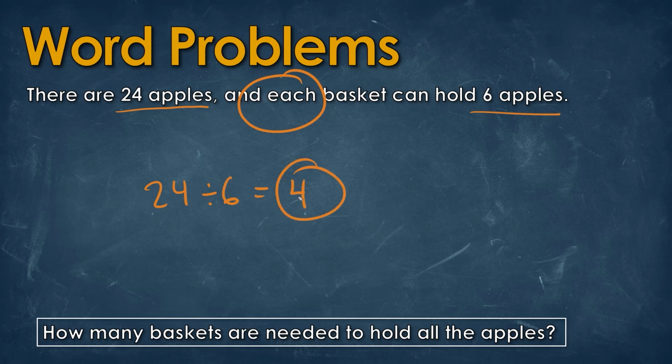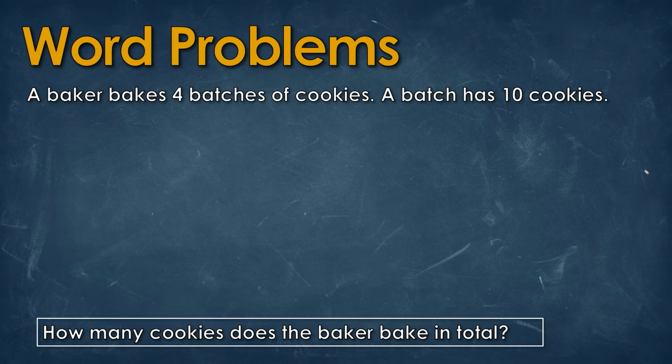And that's our answer. Okay, let's try this word problem. Again, we're not going to give out if it is a multiplication or division. We're going to need to figure out what that word is to tell us what we're going to do. Let's see if we can figure out if we multiply or divide. If we read this out loud, it says, a baker bakes 4 batches of cookies.